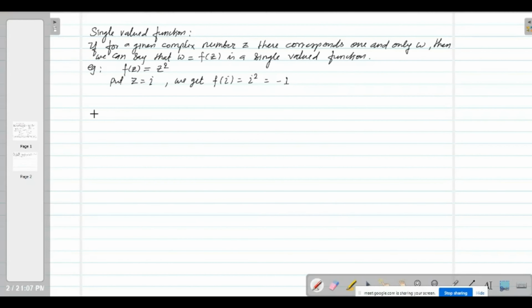Okay, now we define multiple valued function. What is a multiple valued function?